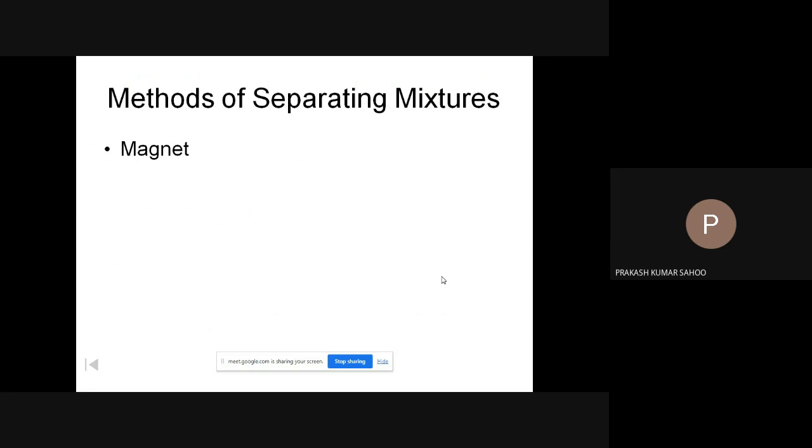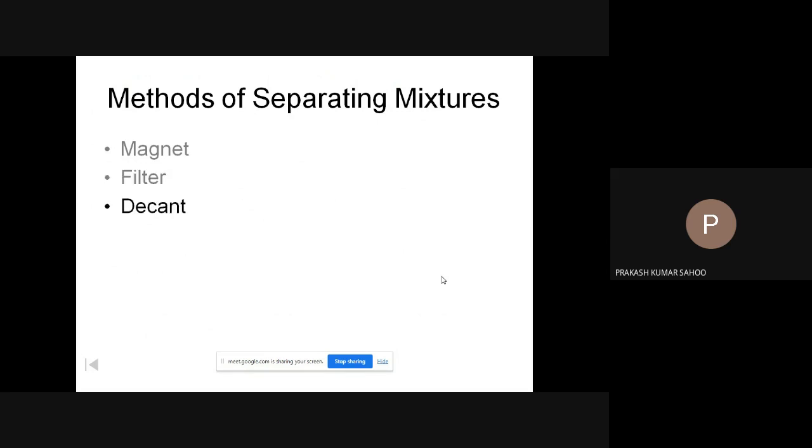Then we have the filter, that is a very simple technique. For filtration, we need a funnel, a filter paper, some container, and also in a chemistry lab we use glass rods to filter a solution.